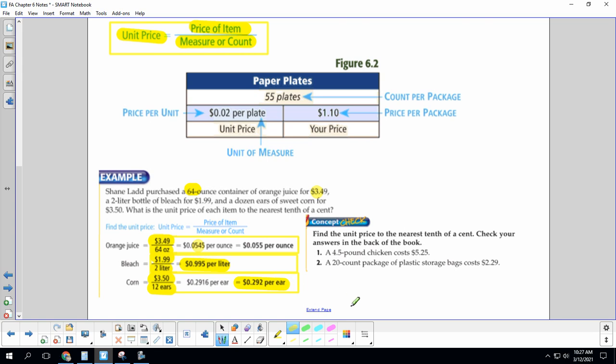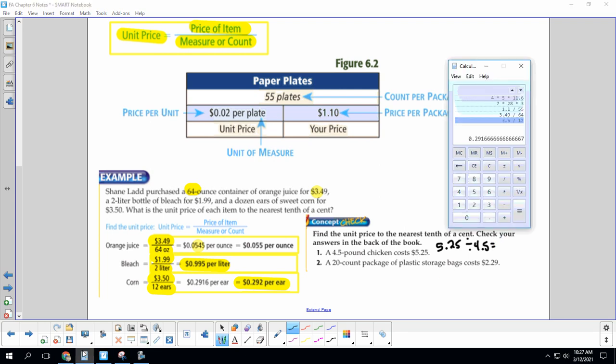Okay, let's do those calculations together on our concept check. 4.5 pounds of chicken costs $5.25. Remember, money is king. We're going to go 5.25 divided by 4.5. And in our calculator, let's do that. Divided by 4.5.